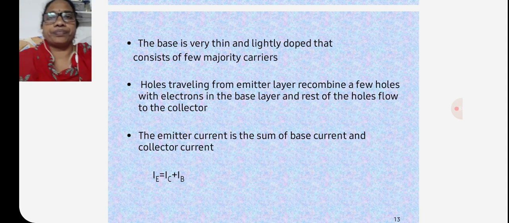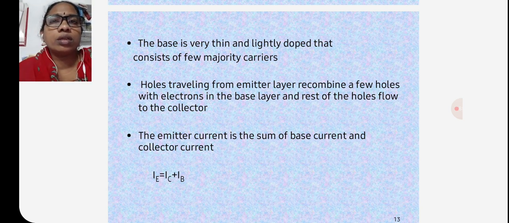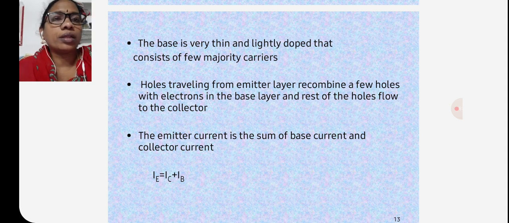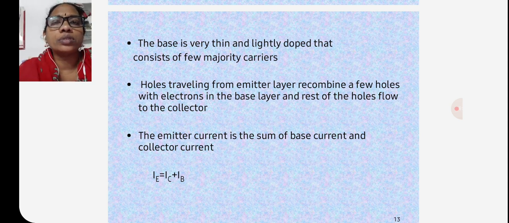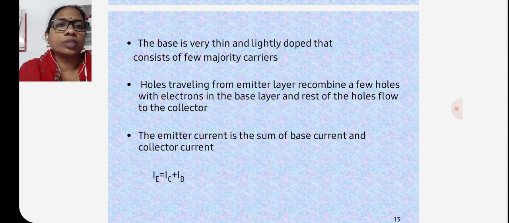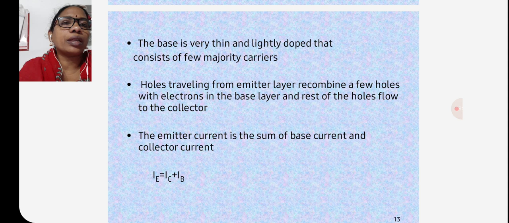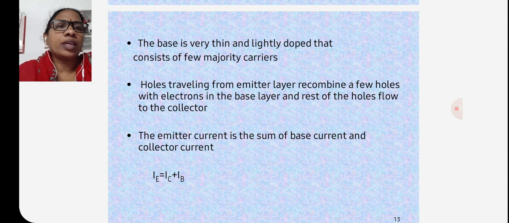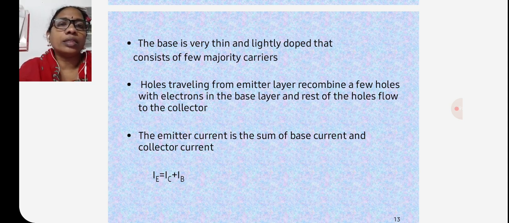Holes traveling from the emitter layer recombine a few holes with electrons in the base layer, and the rest of the holes flow to the collector.